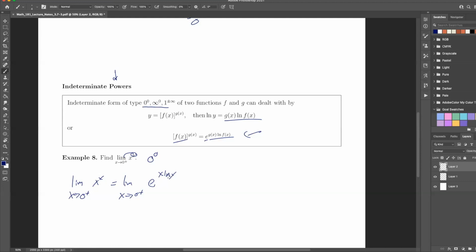Well, do I know how to deal with this? And the answer is sure, right? I just need to figure out what's up here. And so what's the limit as x goes to 0 plus of x ln of x?